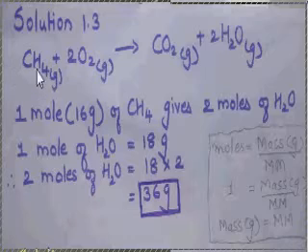So here 1 mole of methane will be equal to 16 gram. 16 gram is the molar mass of methane. You can calculate it as 12, atomic mass of carbon, plus 1 into 4, that is atomic mass of hydrogen, and you will get the total as 16 gram.